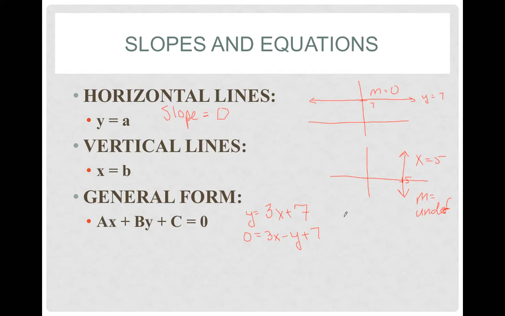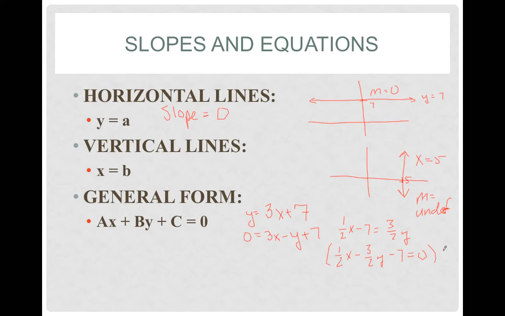Or if I was to have 1/2 x minus 7 equals 3/2 y. So again, I need to subtract 3/2 y. Now the only difference here is a, b, and c are normally whole numbers.